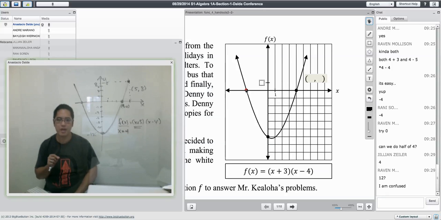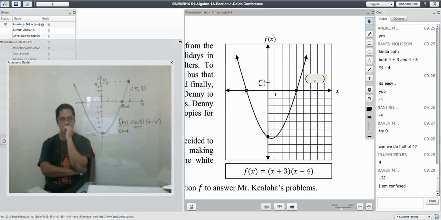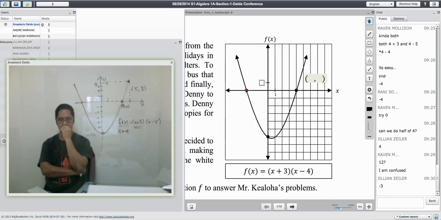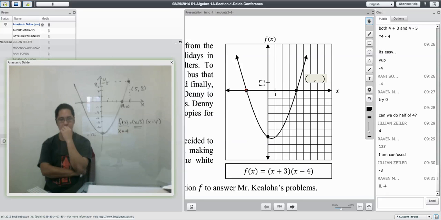What is the value of that point? Is it negative 4? All right, so you're saying negative 3? Jillian is saying negative 3. Why don't we try that out?